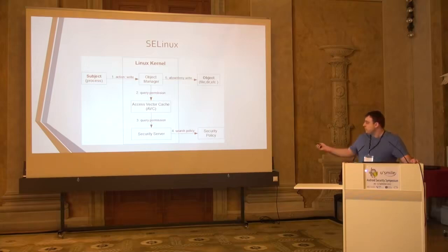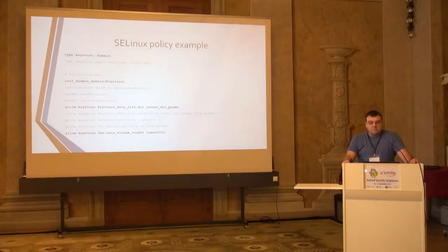And the most important part, of course, is the security policy. Everything else is just a framework, which always stays the same. A very quick example from the keystore policy in Android. This is how a policy file looks. Basically, you define a domain for the keystore daemon. This init daemon domain is a macro, which basically transitions the keystore to this domain when it's first executed.